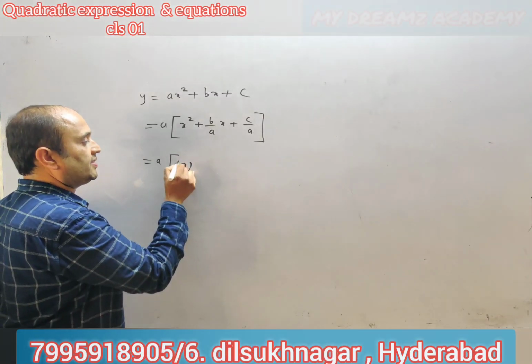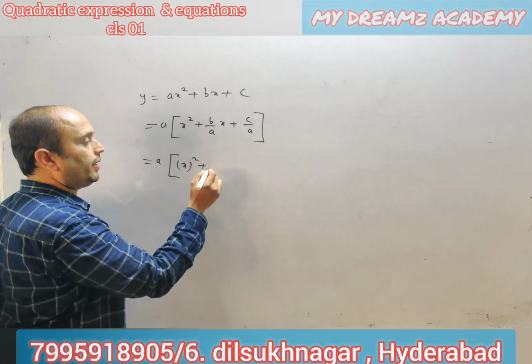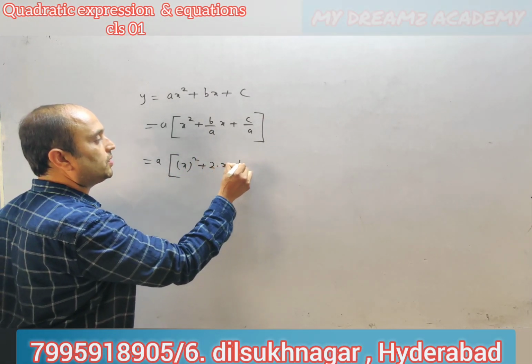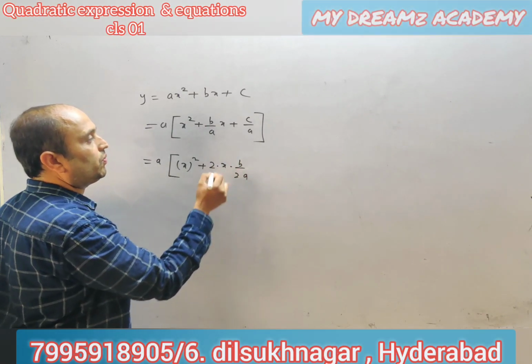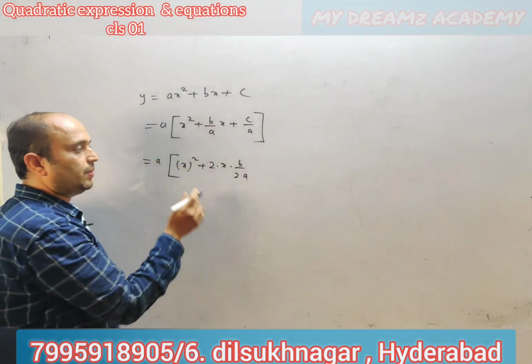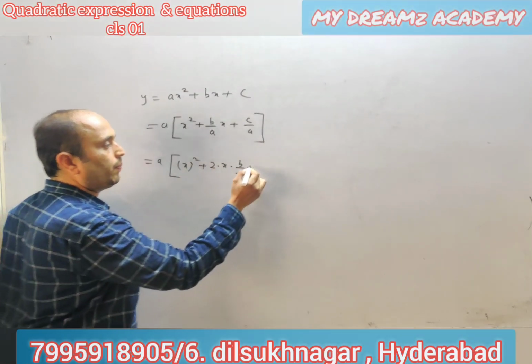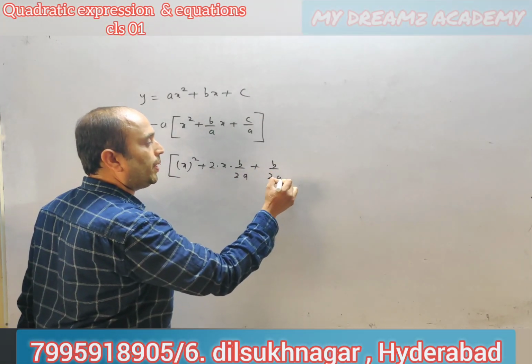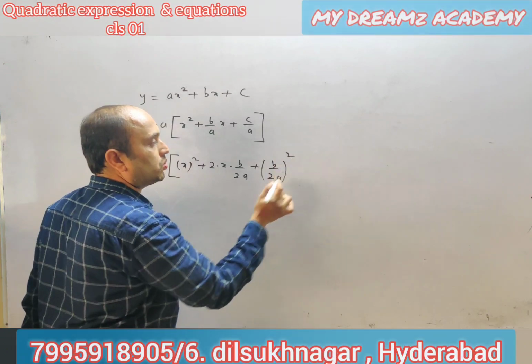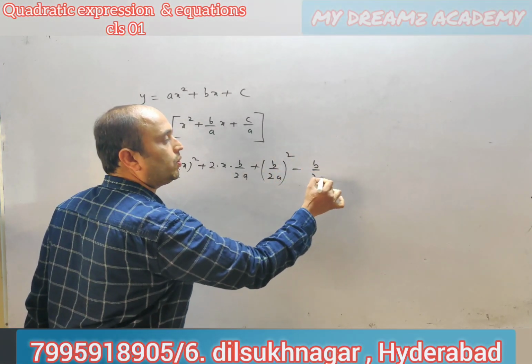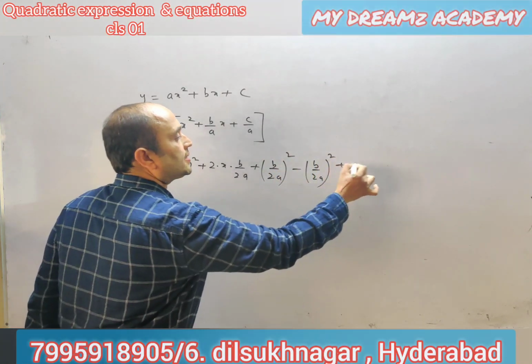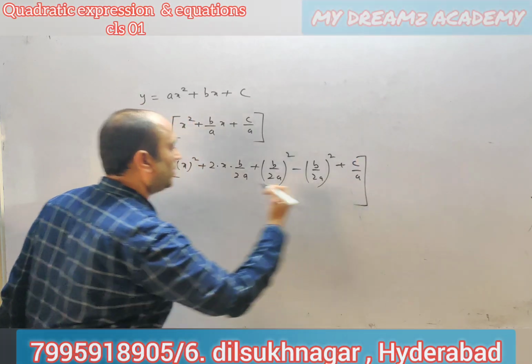For that purpose, x square plus b by ax is nothing but 2 into x into b by 2a. Just add and subtract b by 2a whole square, plus c by a.